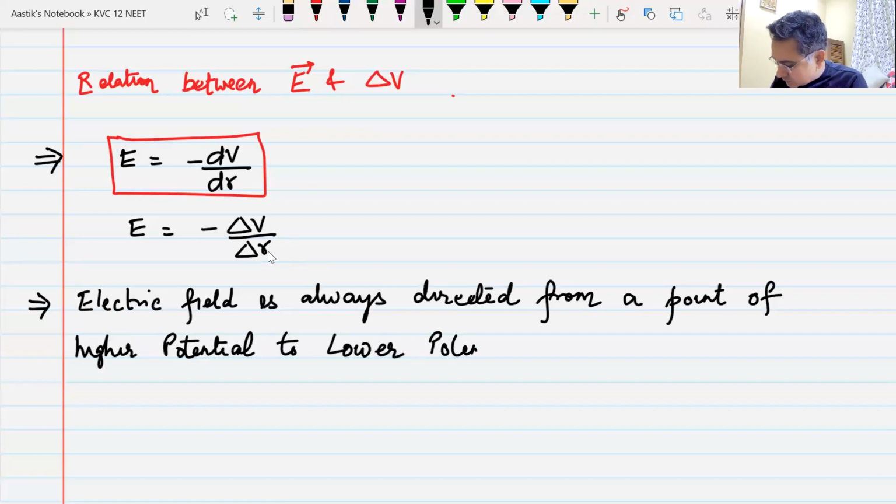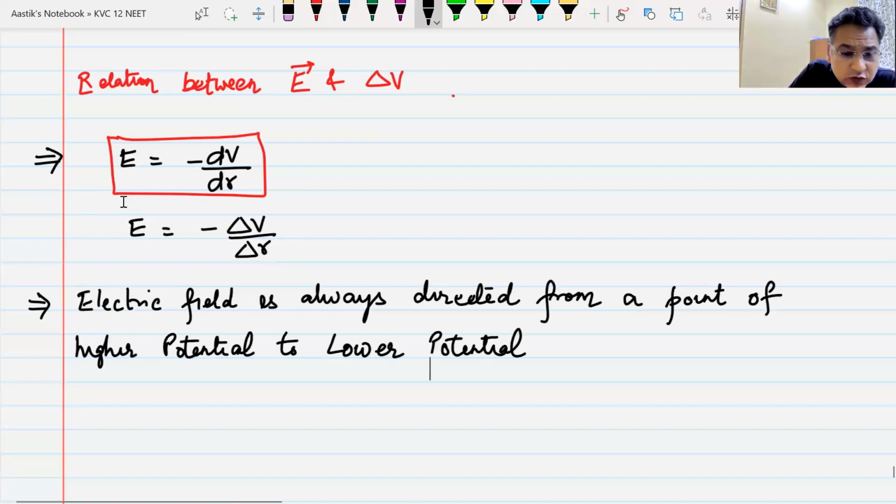Can you remember this? Electric field will always go from a point of higher potential to a point of lower potential. That is the first thing that you must remember.